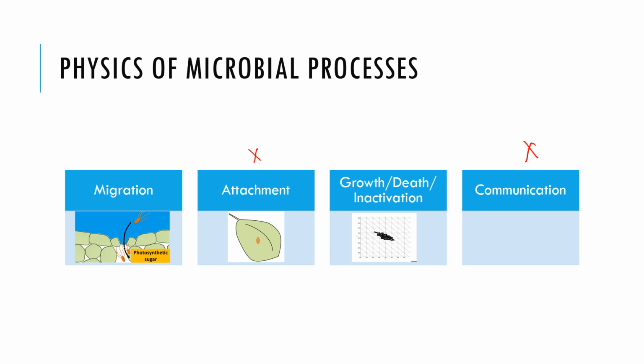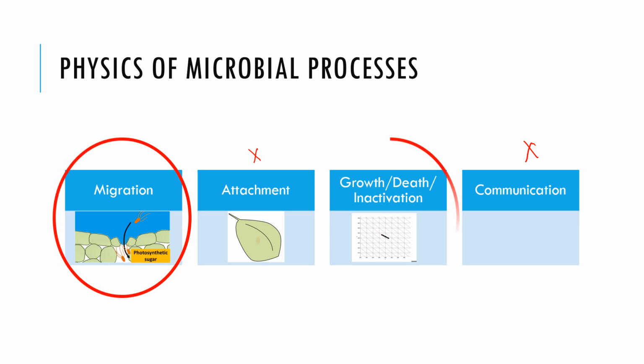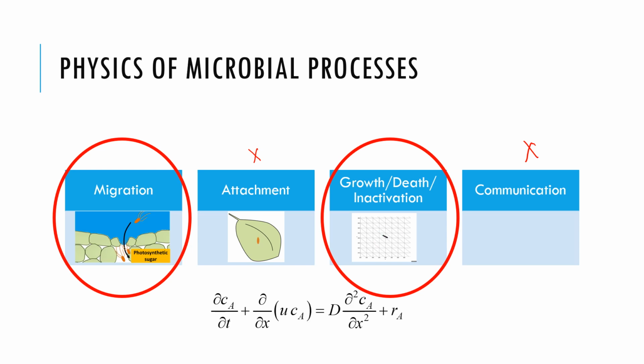Then the rest of it, the migration and growth inactivation or related items, can be nicely included, thinking of bacteria as a species and using the species transport equation, where migration can be part of flow or diffusion and growth inactivation would be part of the source term.